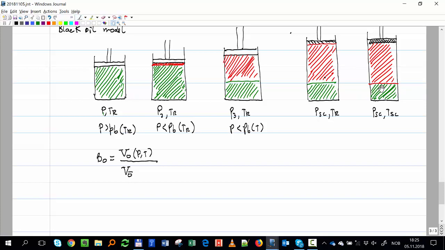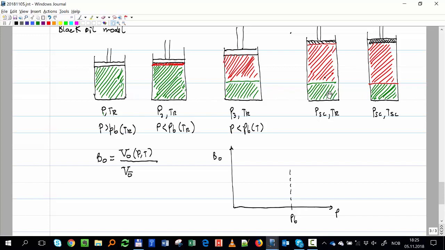So how will this BO look if I plot it versus pressure? Not standard conditions, just pressure and BO. How will it look? Let's say I have PB right here. From PB, you see that it's going to start to release oil into the gas.